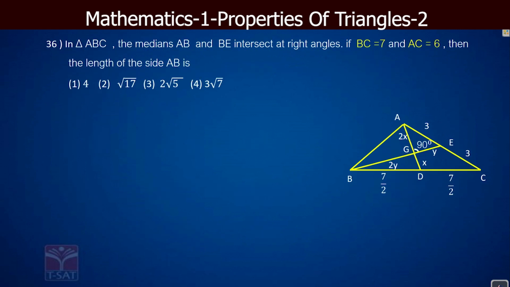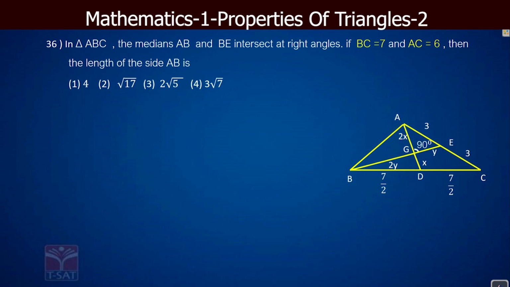Next, 36. Here, this is a very good problem. In triangle ABC, the medians AD and BE intersect at right angles. If BC is equal to 7 and AC is equal to 6, then the length of the side AB is: 1, 4; 2, root 17; 3, 2 root 5; 4, 3 root 7.